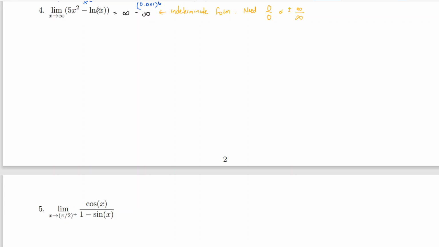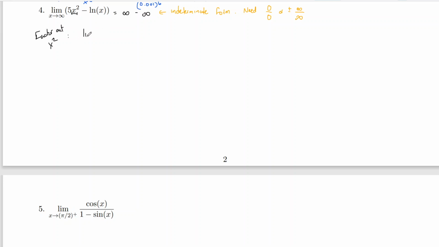I don't want to factor out the natural log of x because it's just going to make it a little messier. So what I want to do is factor out x squared. You can factor out the 5x squared if you want, but I want to factor out x squared. In general, you can factor out the largest power of x. Now, if you have like e to the x minus ln of x, then you could factor out the e to the x. In general, ln of x is the last thing I like to factor out because it's just messier to deal with, and you can just let it be.